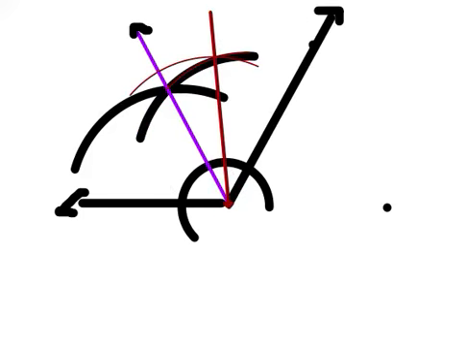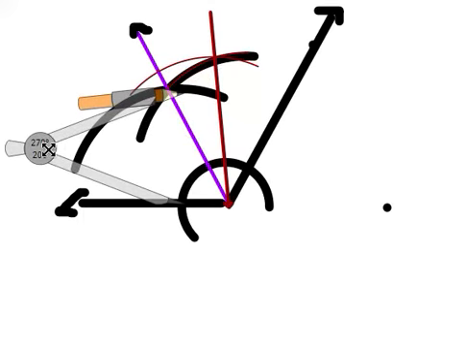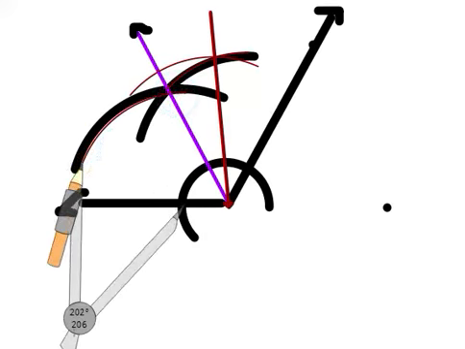Okay, we draw here the ray, and then we can use the compass again to bisect the angle here. We can draw two arcs with the compass.